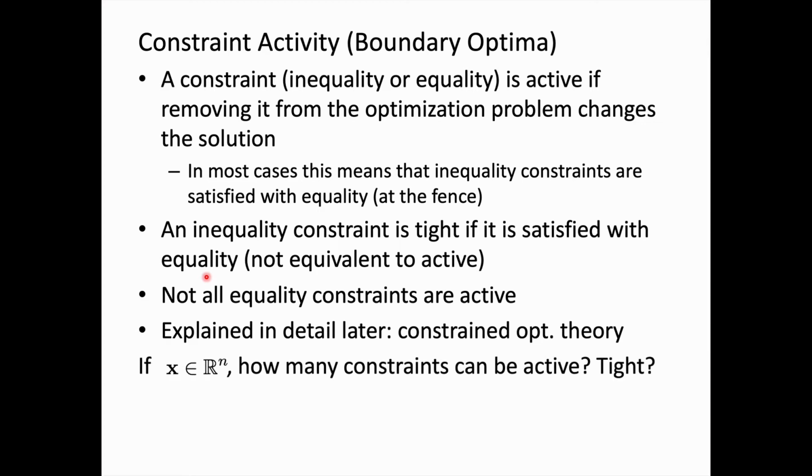Here's a concept check. If we have a design vector of length n, how many constraints could be active? How many constraints could be tight? This is something that might be a challenge to answer right now, but we're going to go through the tools that you need to answer this later on.